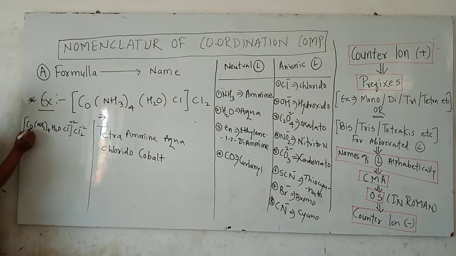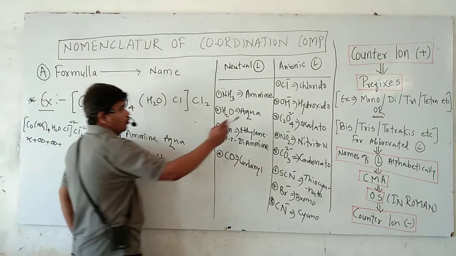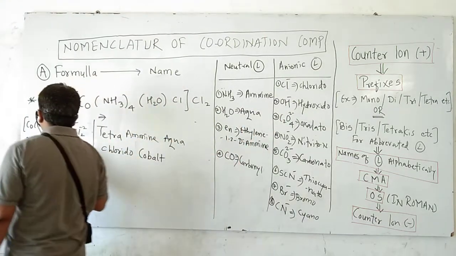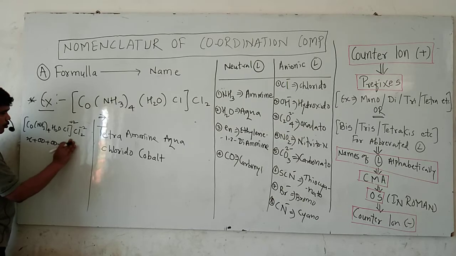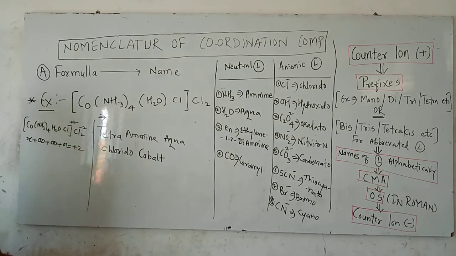Now we have to find out oxidation number of cobalt. Say X. NH3 is a neutral ligand, so oxidation number will be 0. H2O is also neutral ligand, oxidation number will be 0. Cl always carries 1 minus charge. We are writing Cl as a Cl minus. So on the complex, plus 2 charge is there.